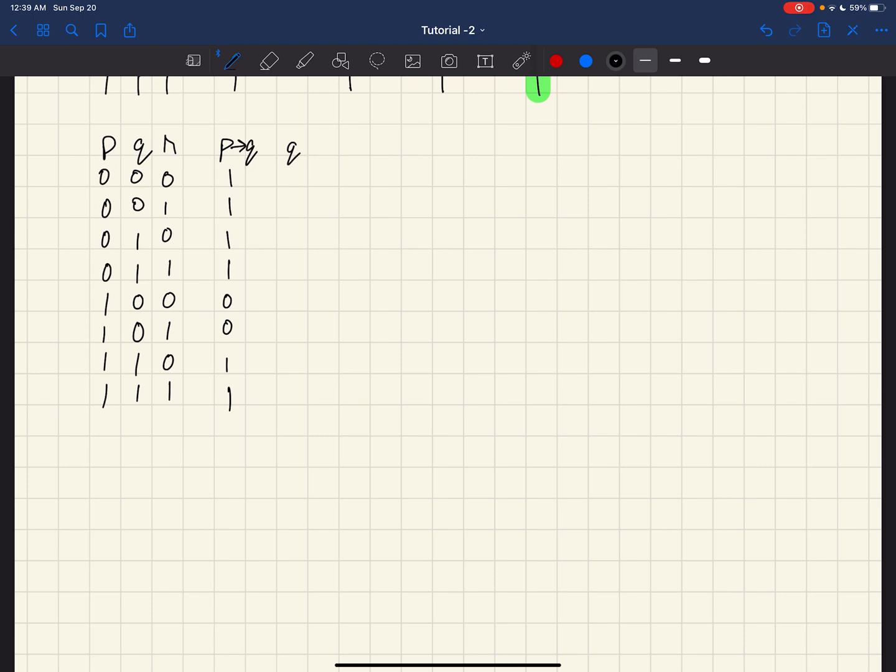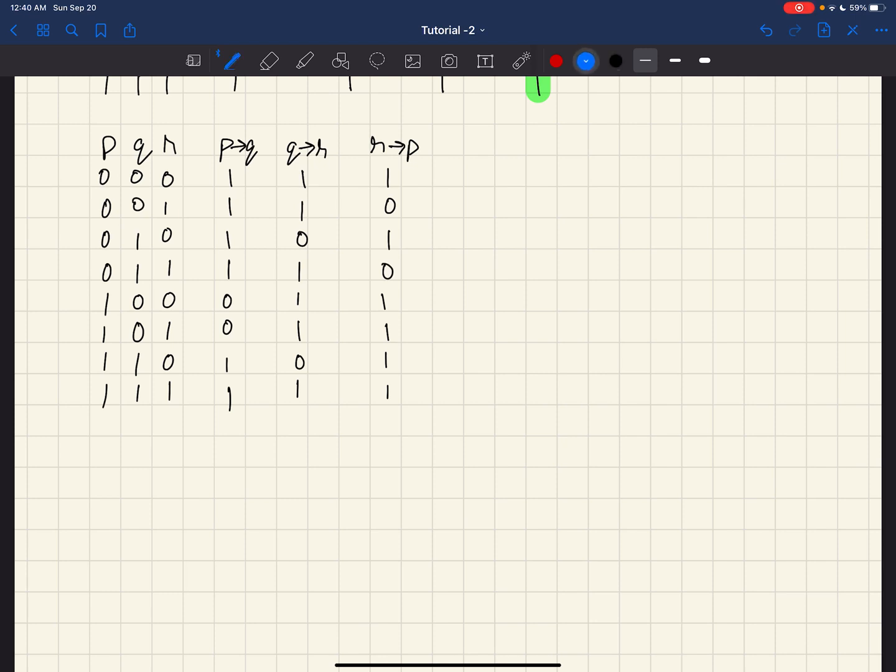Now Q implies R, that would be 1, 1, 0, 1, 1, 1, 0, 1, and for R implies P, we know these four would definitely be ones, and here it would be 1 0 1 0.